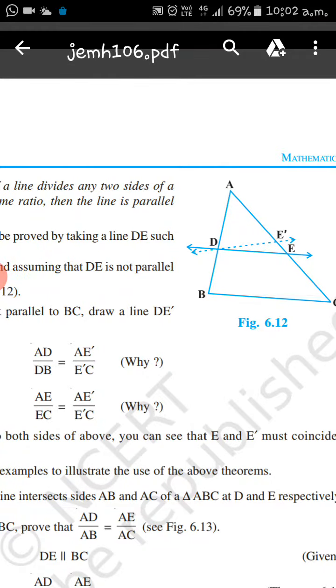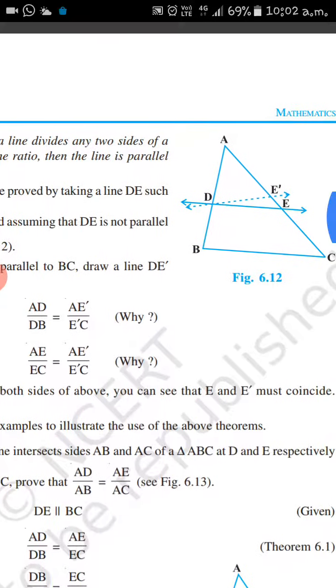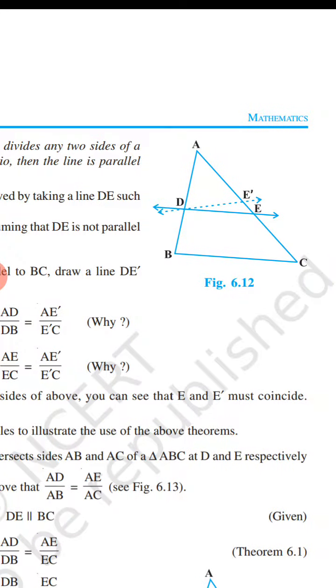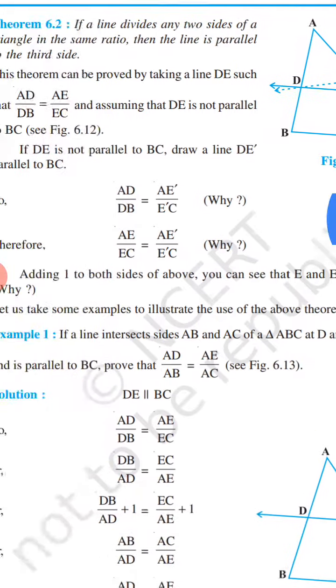So AE dash by E dash C will be equal to AE dash by EC. What we prove is that AE dash is equal to AE, which is possible only when E dash coincides with E. It means E dash and E are the same point, that is DE is parallel to BC. This proves the second theorem.